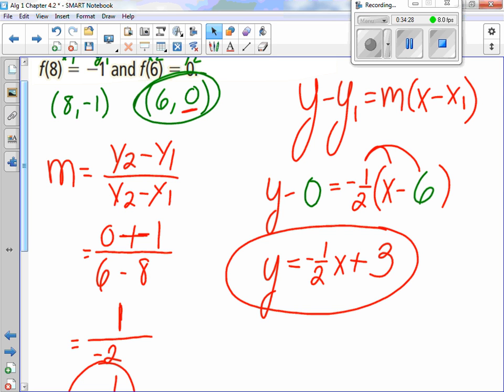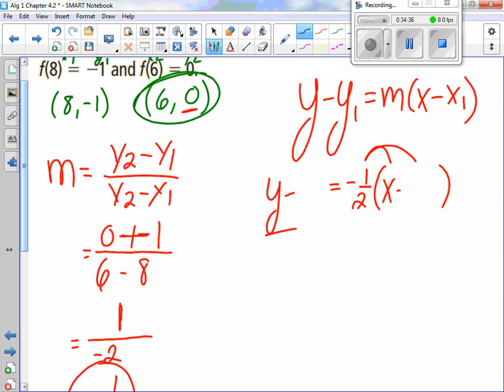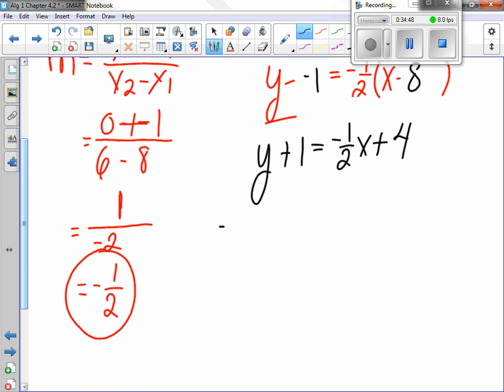Because if we used 8, -1, I'll show you this here. Because -1 and 8, well, this would end up being y plus 1 equals -1/2 x plus 4. Well, is y by itself for this one here?